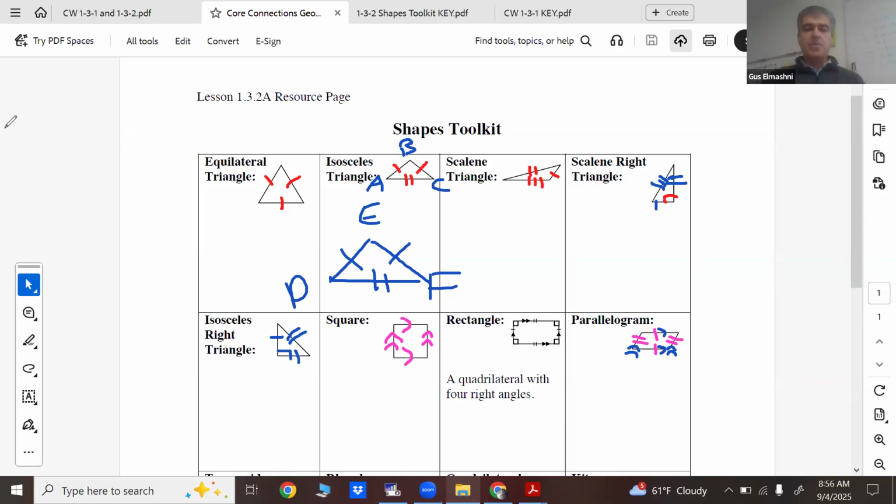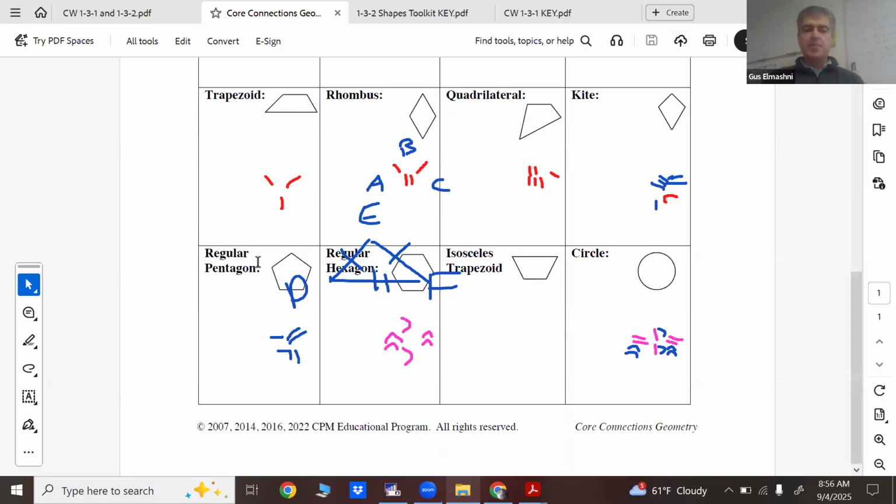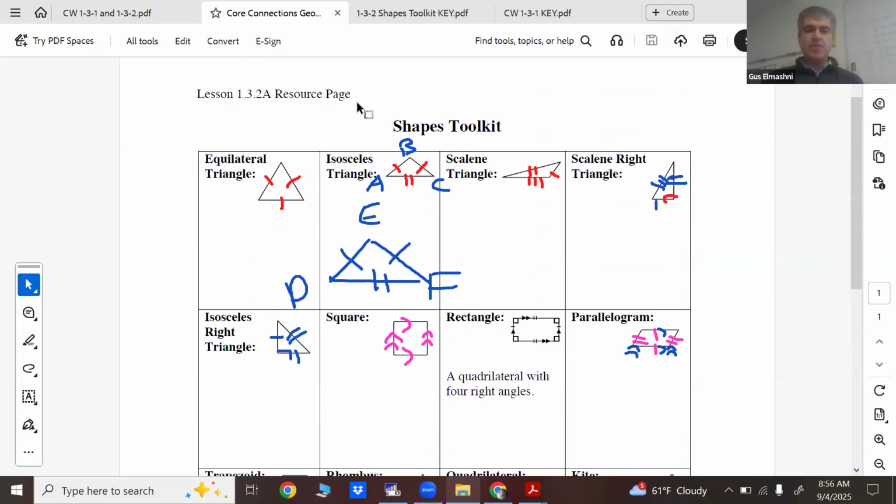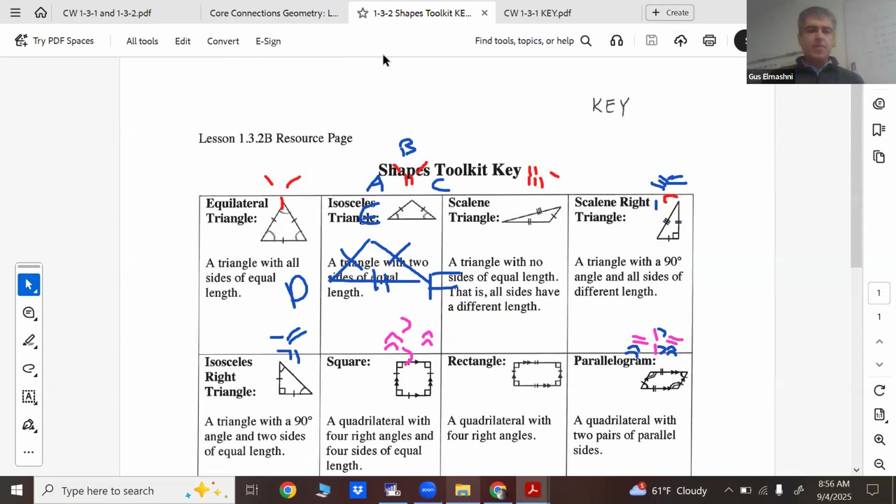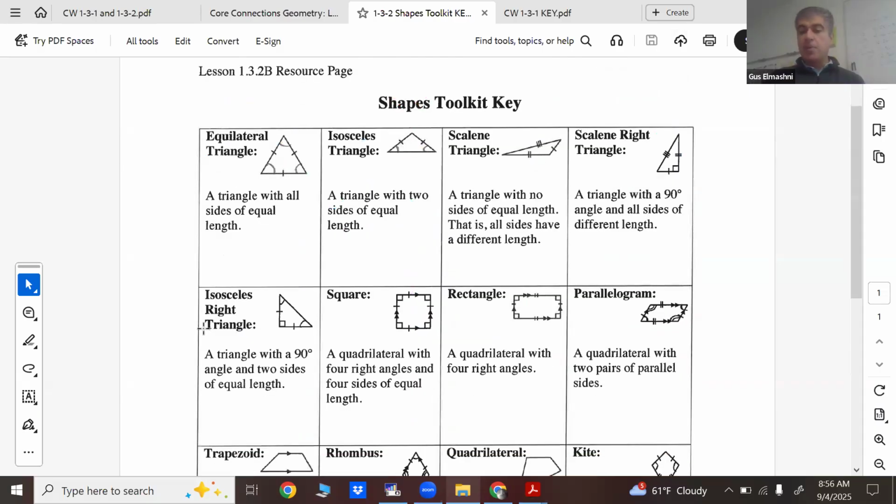If we look at the next page, it provides all those finer details. Quadrilateral, two pairs of parallel sides, and also congruent. Rectangle, quadrilateral, 4 right angles. Square, quadrilateral, 4 right angles, 4 equal sides. All that stuff.